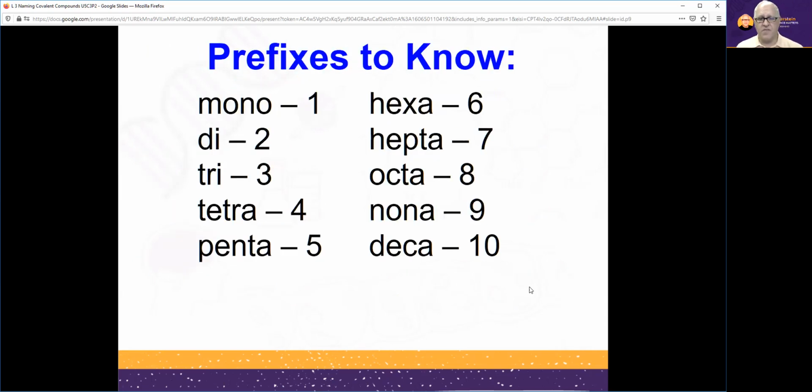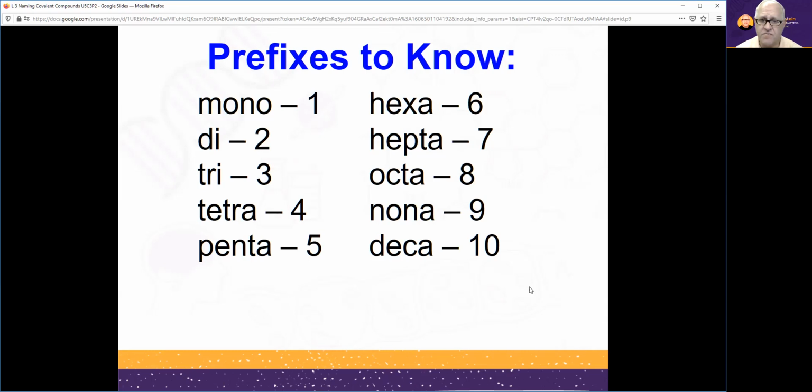Let's take a look. First, there's some prefixes you need to know. And so what I'd like you to do is add this into your notes pack, put it on the left-hand side in the margin there, and make a little table for it. And so if you only have one element, it could be mono. Unless it's the first element, we don't call it mono.